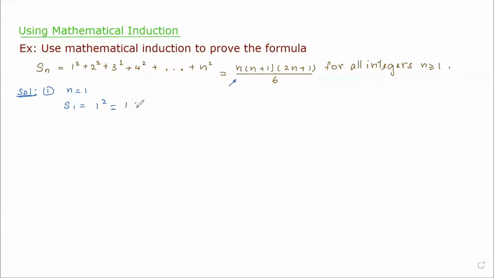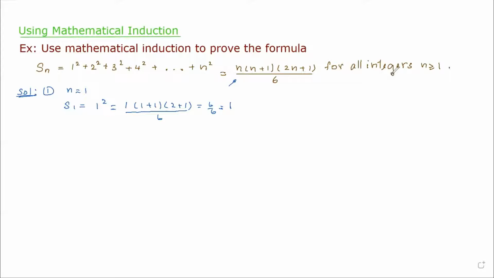So it becomes 1 times (1 plus 1) and (2 times 1 plus 1), divided by 6. So what we have, 2 times 3 becomes 6, 6 over 6, so equal to 1. So this is correct, because this represents when n equal to 1, that means the first term, when you sum it up, it equals 1.